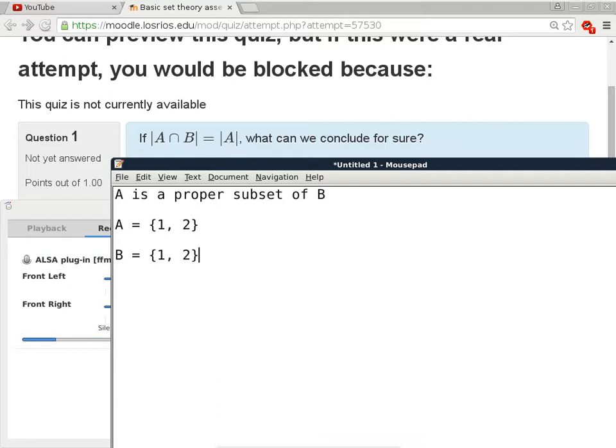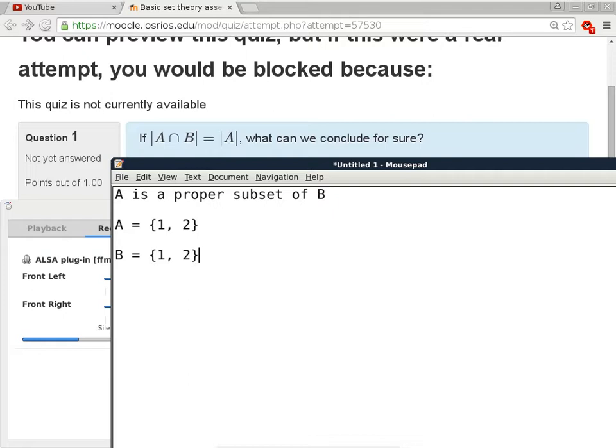So if you pick C as the answer, then it's not guaranteed. But isn't A just a subset of B from that? In this case, A is a subset of B, but it's not a proper subset of B. Is that what you're proving? I'm proving that C is not the right answer.